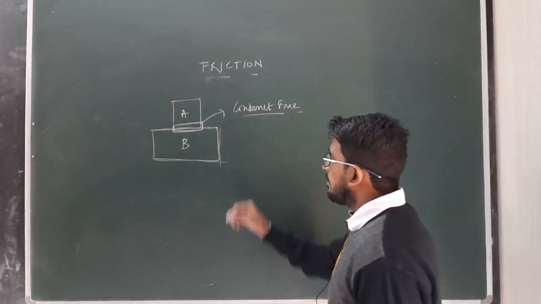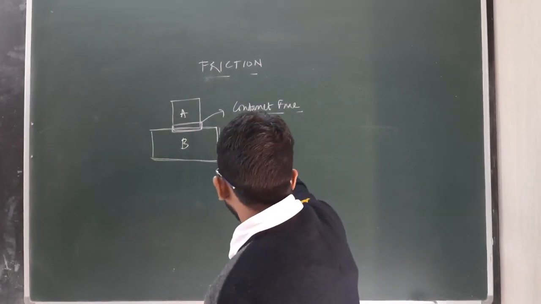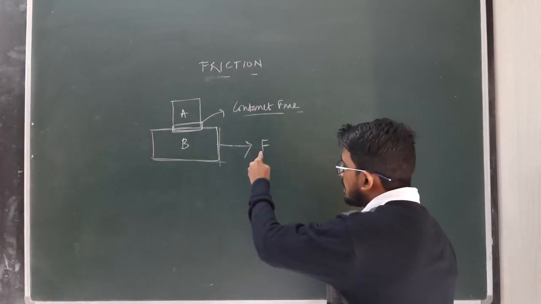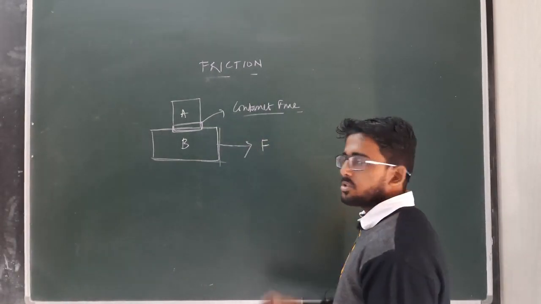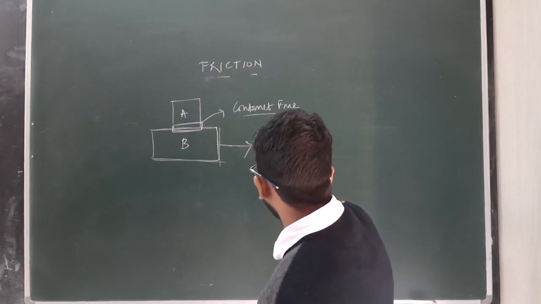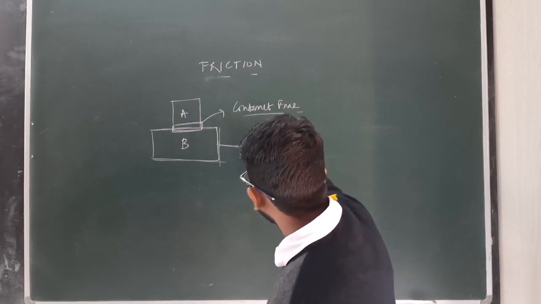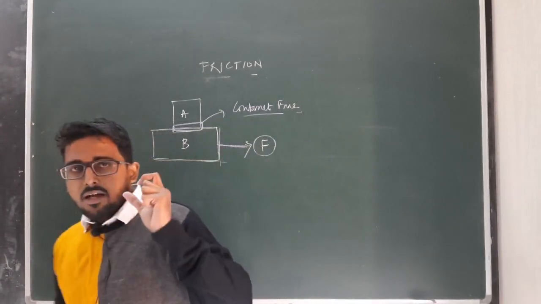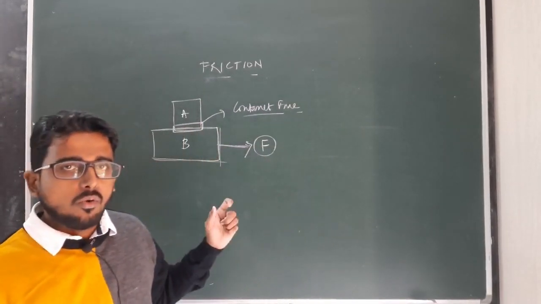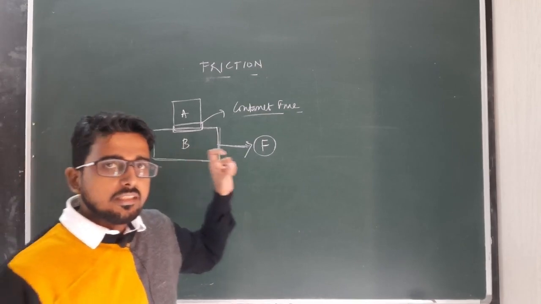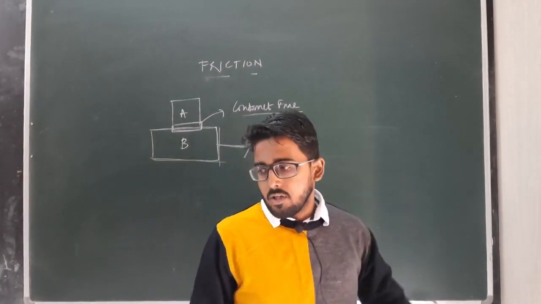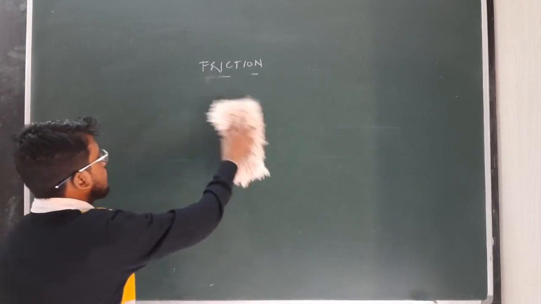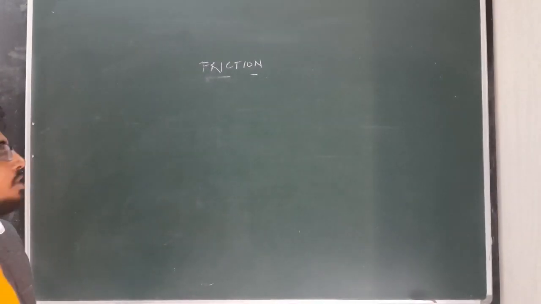And if I apply any push or pull as an external force F, that is also a contact force, because to apply this force I need contact with the block. So whenever actual physical contact is required to apply a force, that kind of force is known as contact force. Clear?